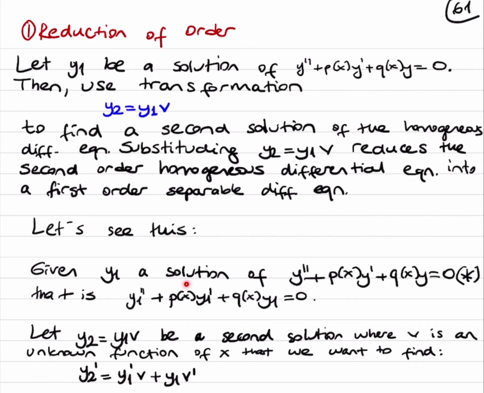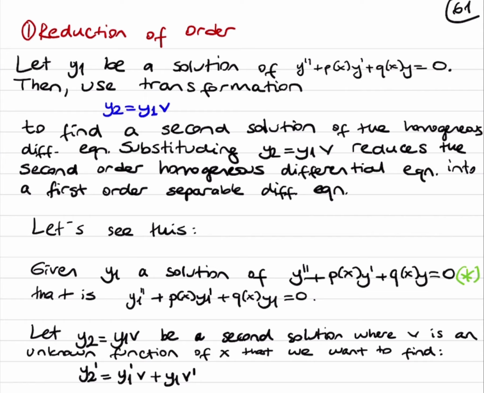So let's say y1 is a solution of this equation star. That is, when we substitute y1 into the equation, it satisfies the equation and it is equal to 0.